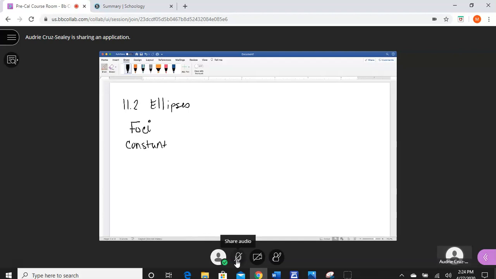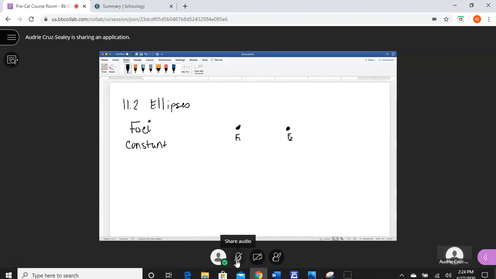So let me explain what that means. Let's say that you took 2 points. We're going to call this foci 1 and foci 2. And you took a piece of string, okay? It could be a little bit loose. And you were to tape one edge of the string to here and one edge of the string to here. And then you were to pull it taut.